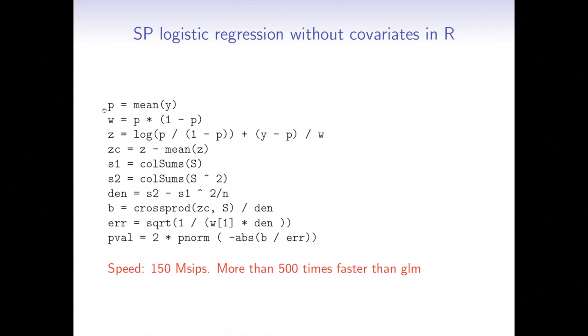I calculate my weights and my transformed variable, and here I'm doing the centering, and here I'm avoiding the centering of the SNP. And then again, using cross product, I calculate all the betas at once, and standard errors and the p-values. And the speed was 150 megasips, which is more than 500 times faster than GLM.